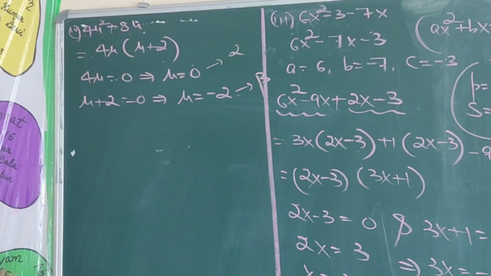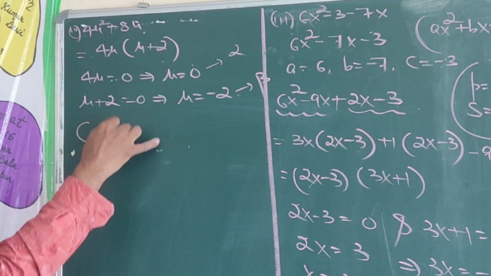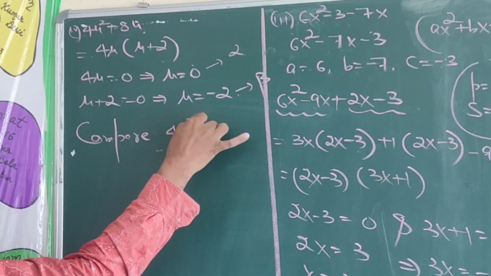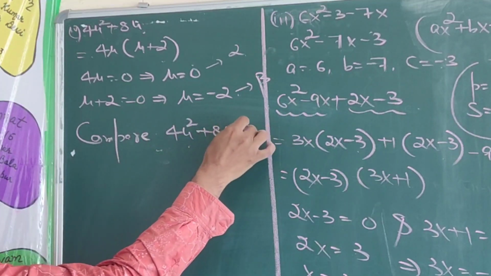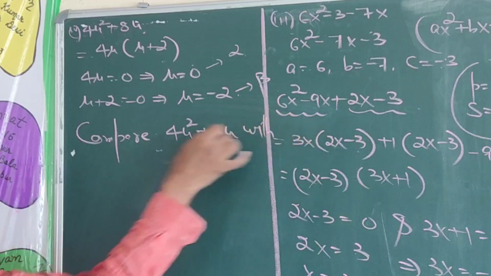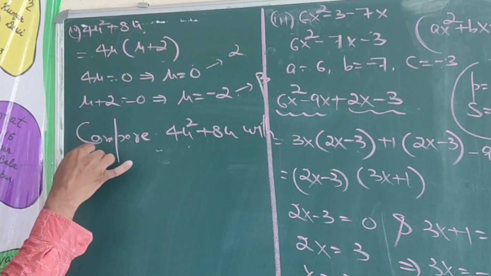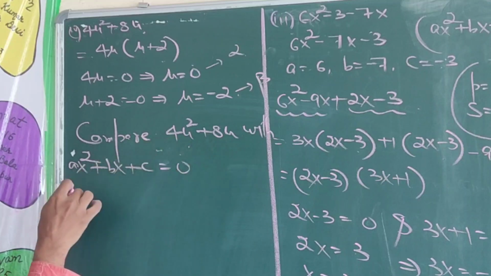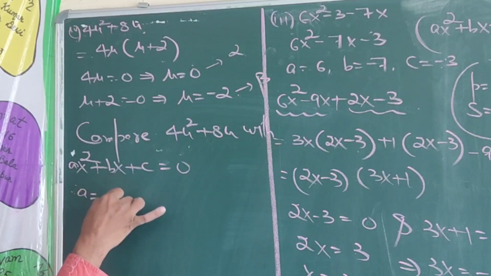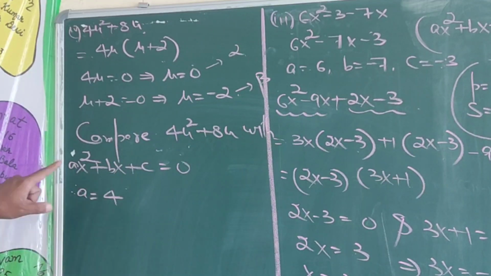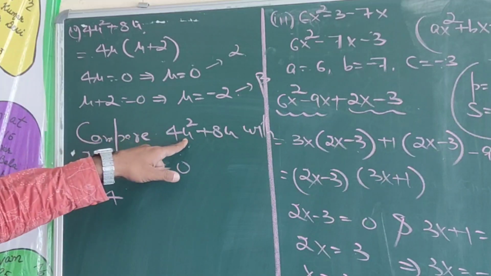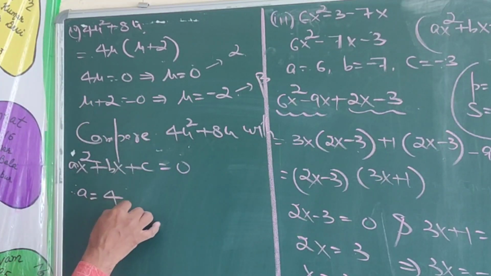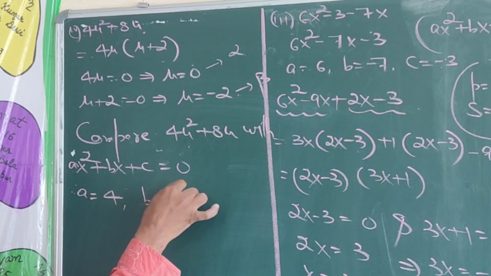And when we compare the polynomial 4u square plus 8u with the standard form ax square plus bx plus c equal to 0, we get a equal to 4, because a means the coefficient of x square and here the coefficient of u square. b means the coefficient of x, and here the coefficient of u, so b equals 8.